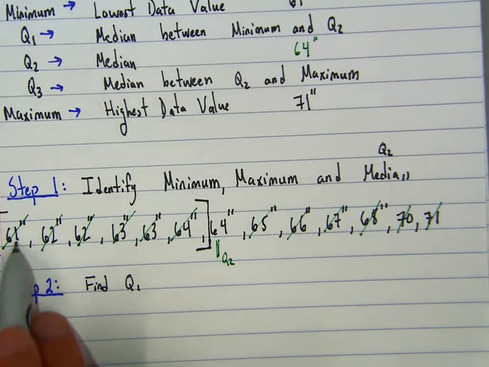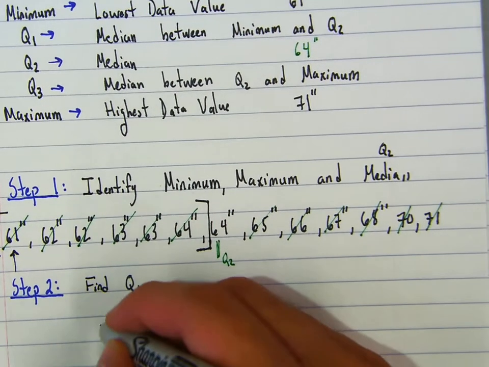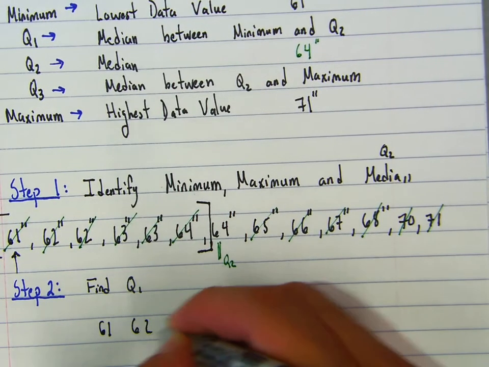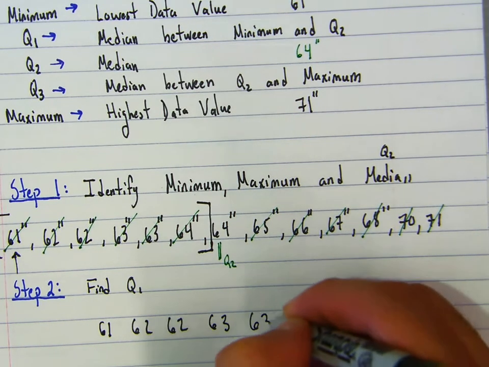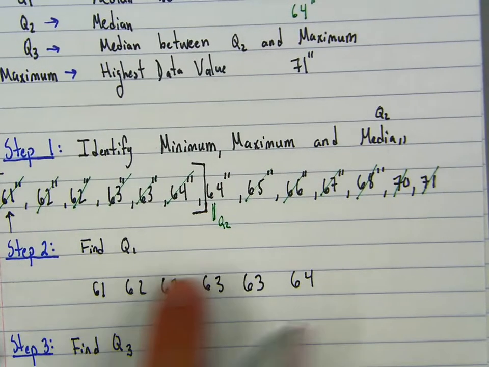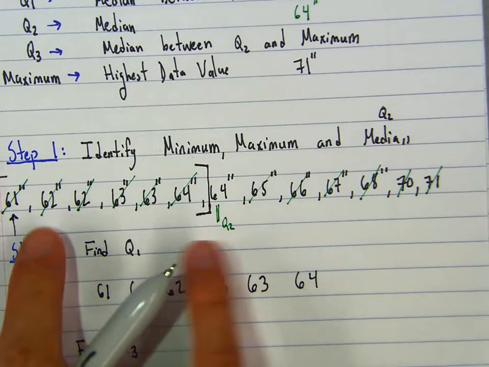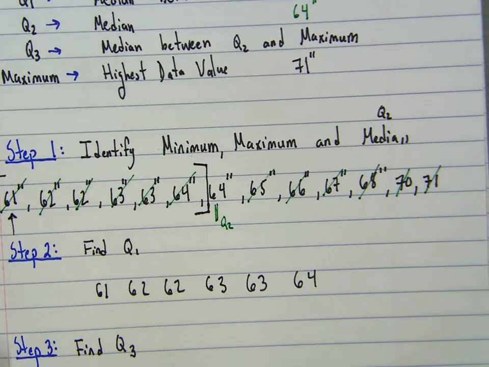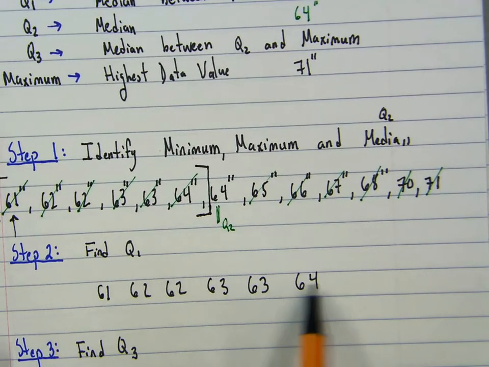If I write these numbers out, I have 61, 62, 62, 63, 63, 64, right? These are the numbers between the minimum and Q2. These are all the numbers in between. Then you play your favorite game. You're going to find the median, the middlemost number between these set of numbers.